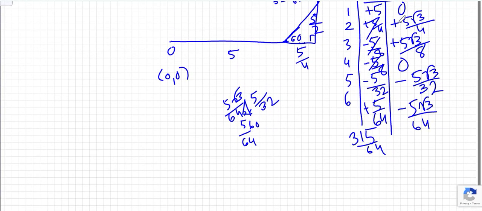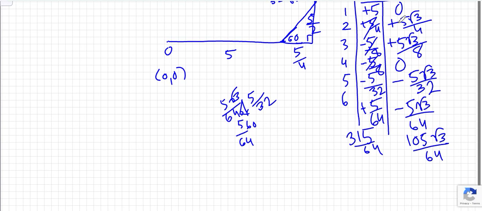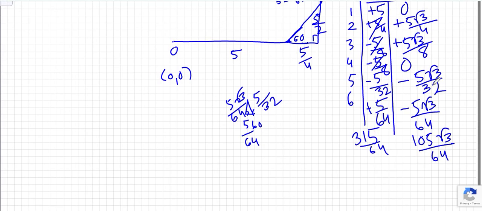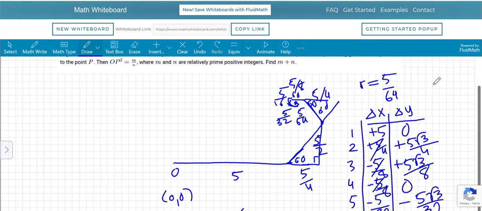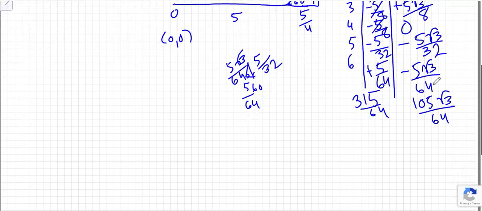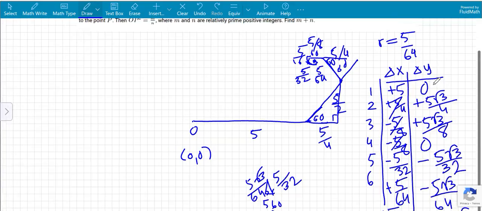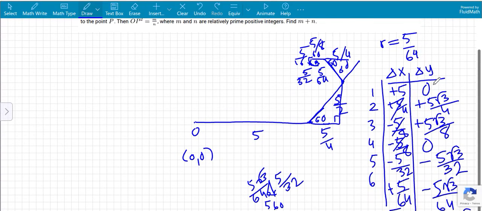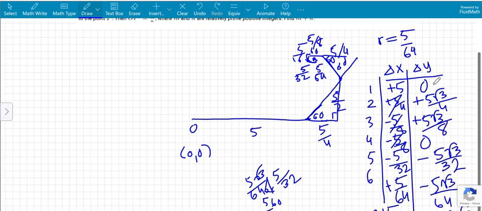And on the y side, I have that it sums up to 105 square root of 3/64. Now I can go back to my ratio. My ratio is 5/64, which means if we zoom into this diagram, we're going to get the same exact figure, but with all the sides being of that ratio.